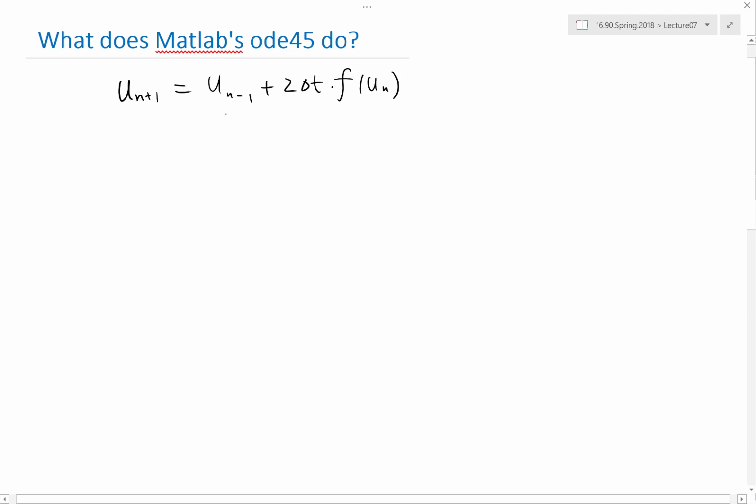But since when n is equal to 0, we don't have u_{n-1}, so we have to start with something. So that is only true for n greater than 0, right? And for n equal to 0, we usually use the forward Euler. So u of 1 is equal to u of 0, our initial condition, plus delta t times f of u_0.